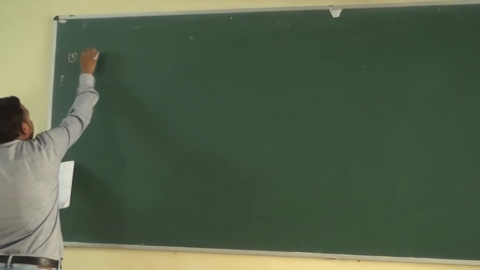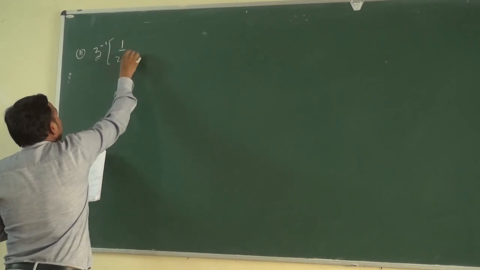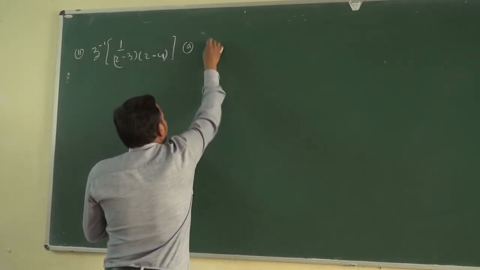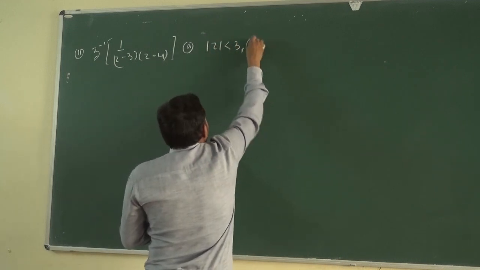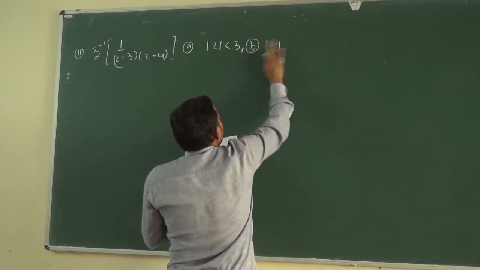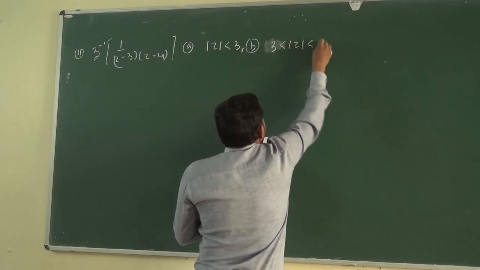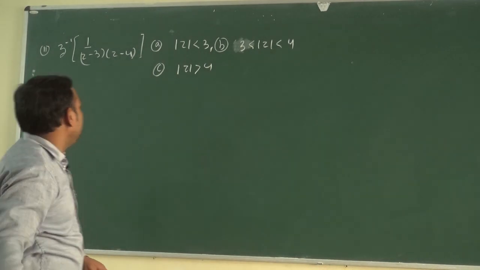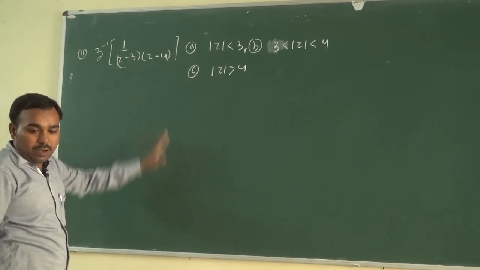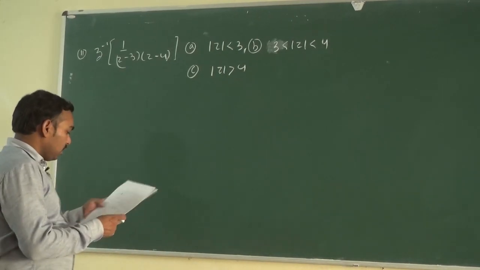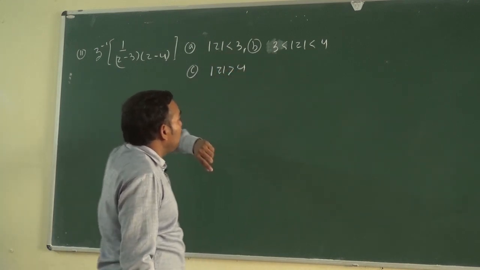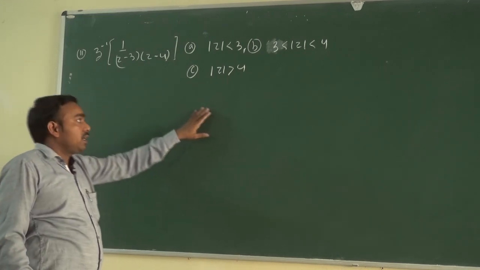We discuss one more problem: find the inverse z transform of 1 upon (z minus 3)(z minus 4), given that (a) mod z less than 3, (b) 3 less than mod z less than 4, and (c) mod z greater than 4.